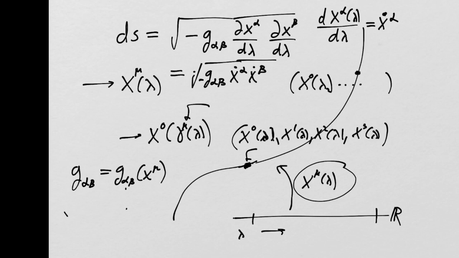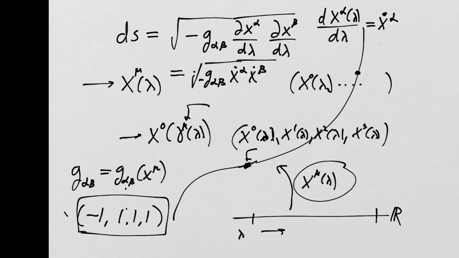And we also know that if we're using the convention -1, 1, 1, 1, that is our rectilinear Minkowski metric, or the Minkowski metric in Cartesian spacetime.